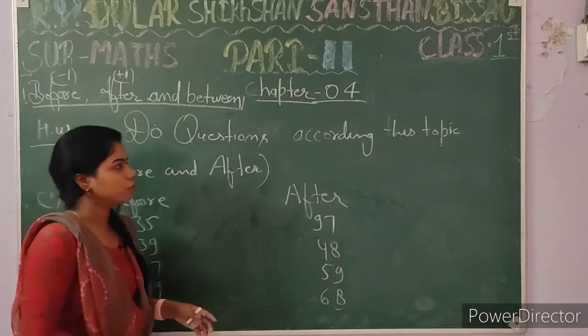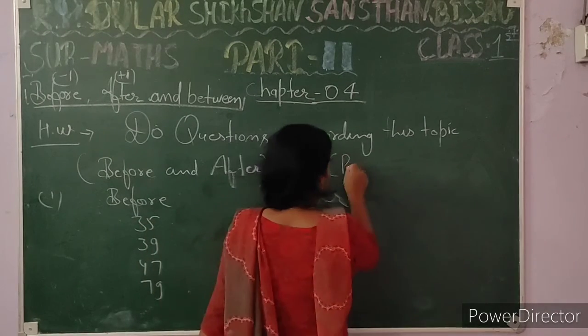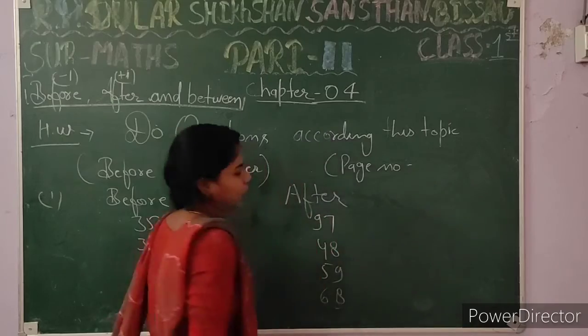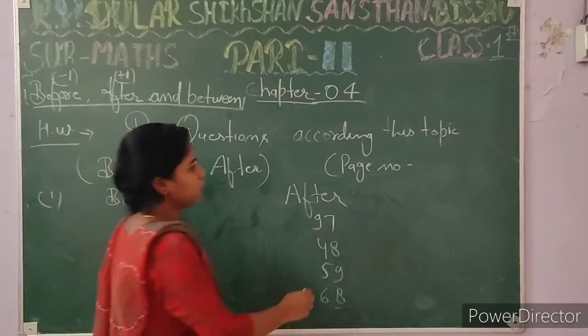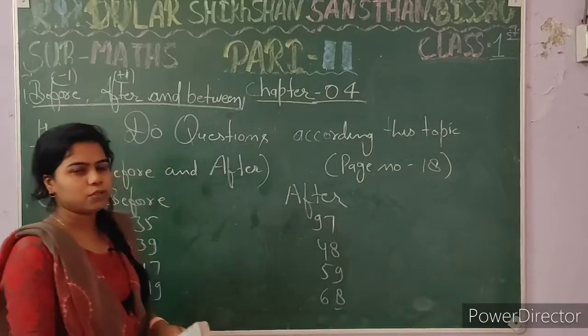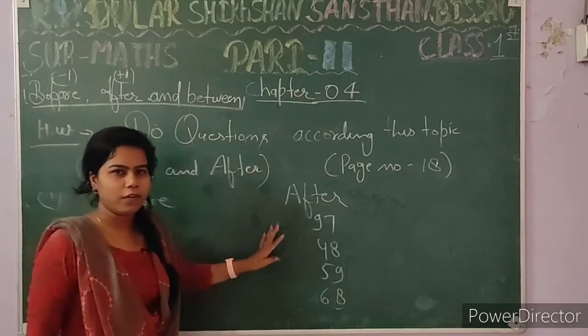Some questions are in your exercise 4, page number 18. Students, you may do them in your book also. Some questions are given in your book; you must do them in both your fair and rough notebook.